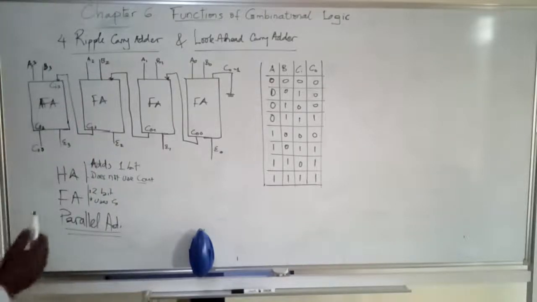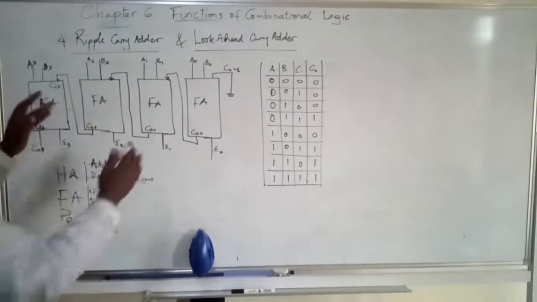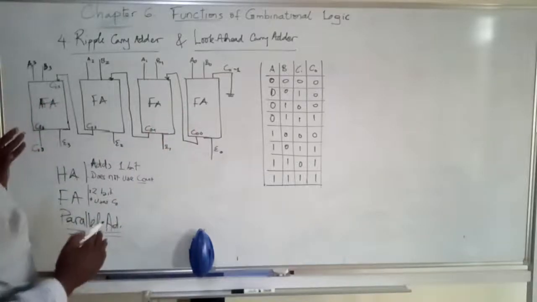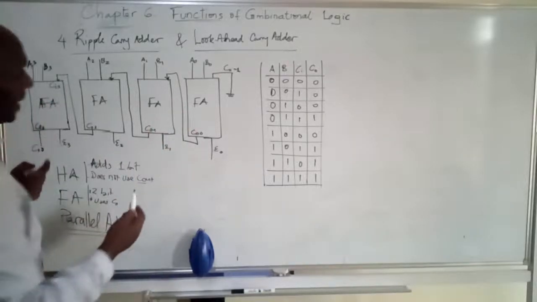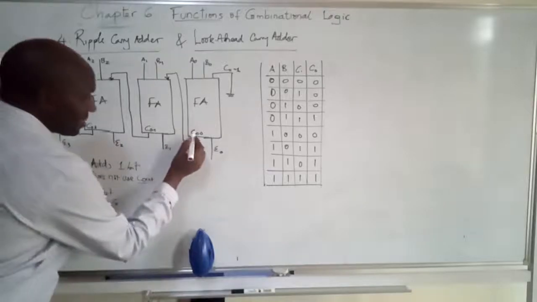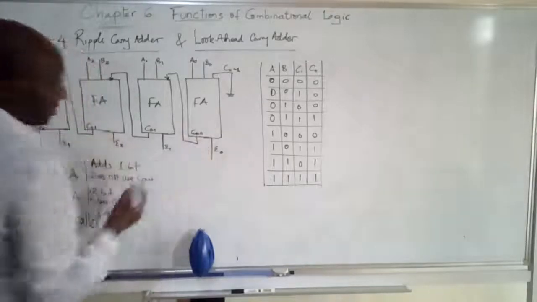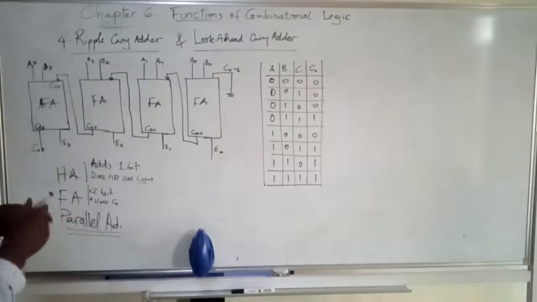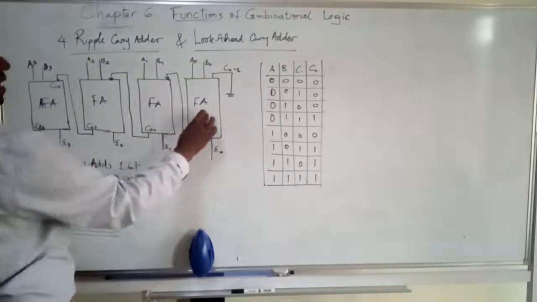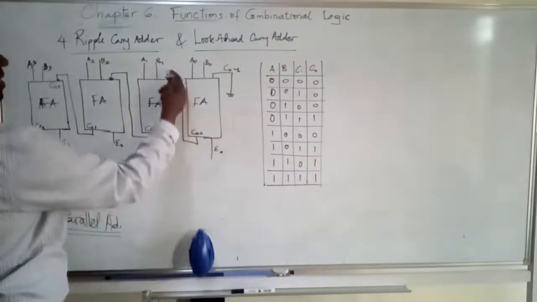Now, as you can see, in this ripple carry adder, the carry out of the first adder is the carry in of the next adder.